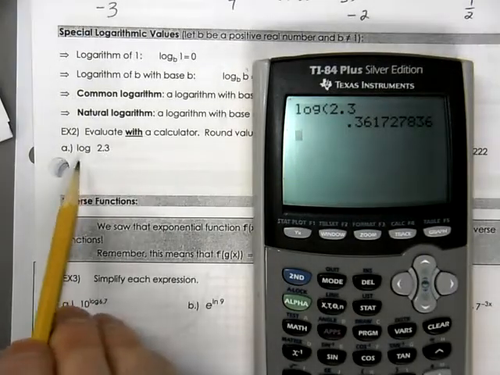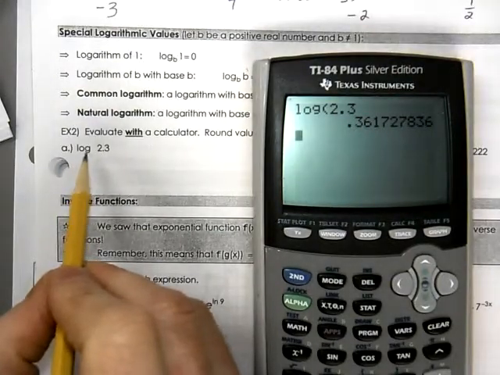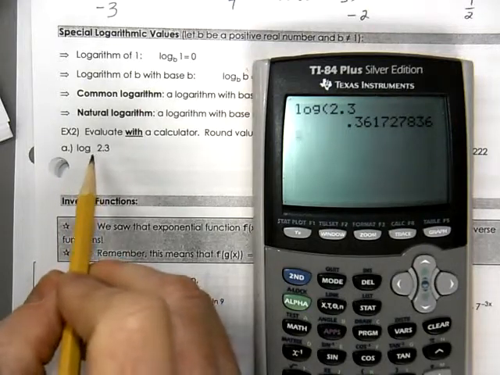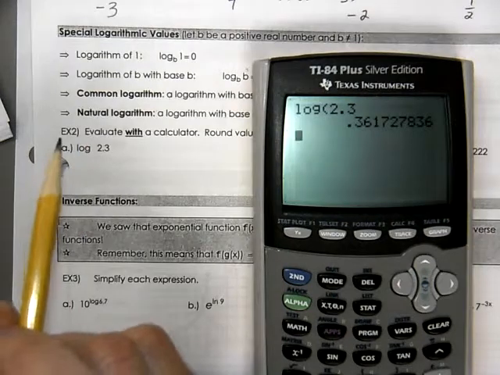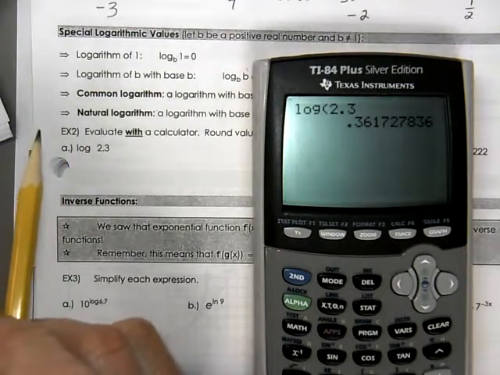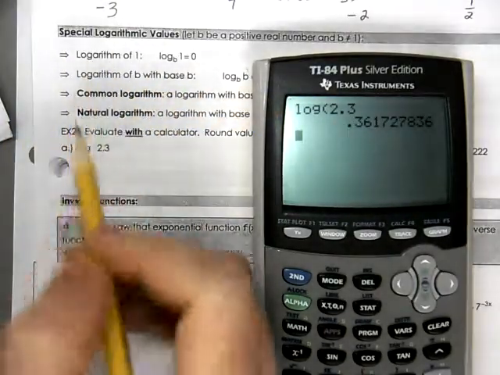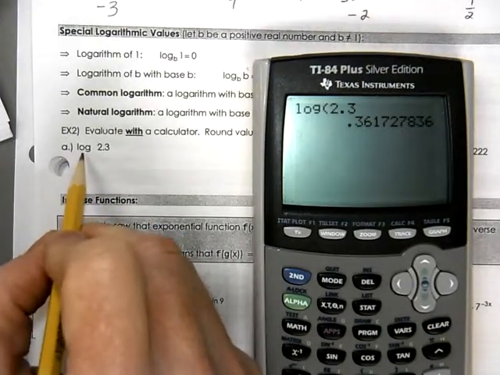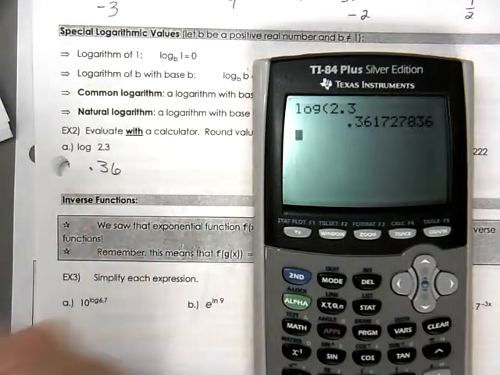What this is saying is the base of 10, because there's no base written there, so remember this is called the common log. 10 to what power equals 2.3? 10 to the first power equals 10, so you know the answer is less than 1. So 10 to the 0.36 would equal 2.3. So the logarithm of 2.3 is 0.36.